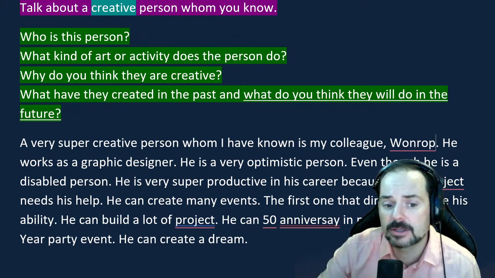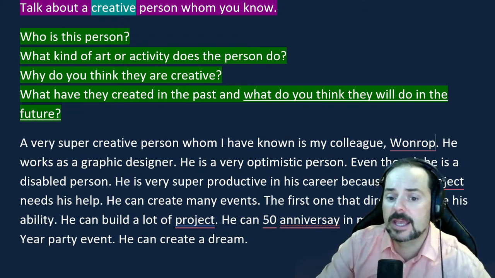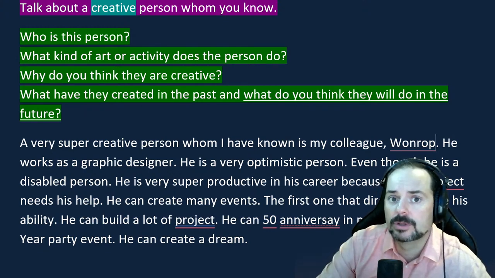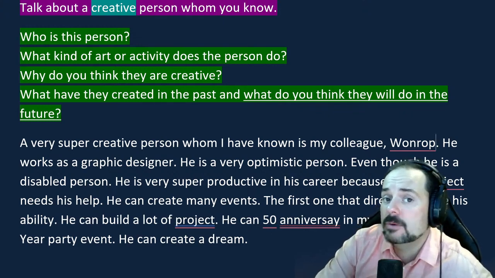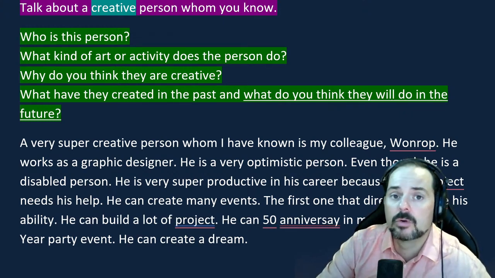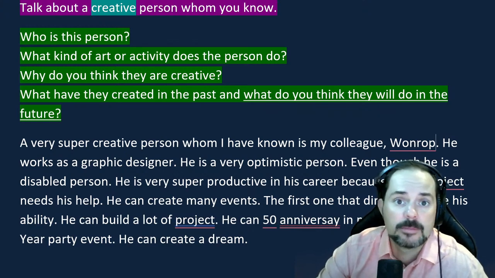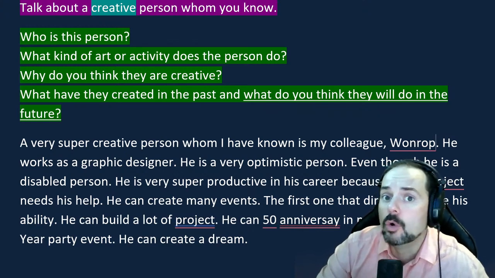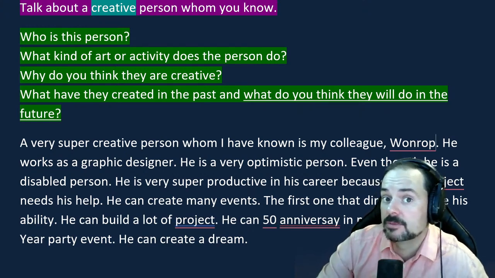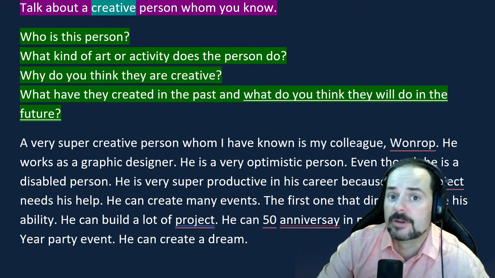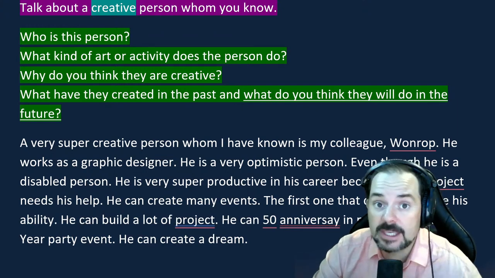And if you're telling me that he is disabled, then maybe include some details about his disability. So he can only use his right hand, and he is still able to draw amazing pictures using only his right hand. I know some disabled people who are very famous draw with their feet, right?